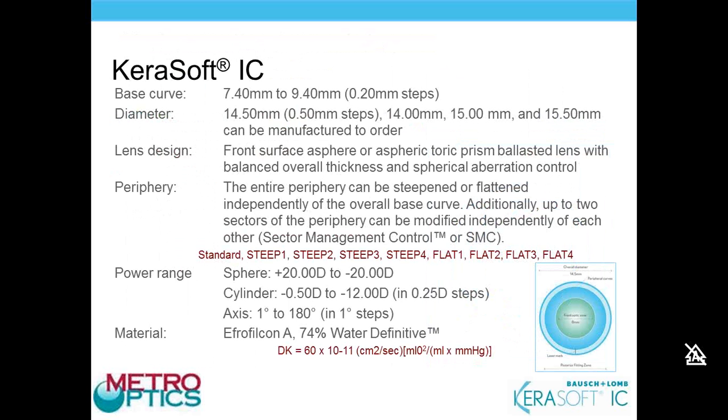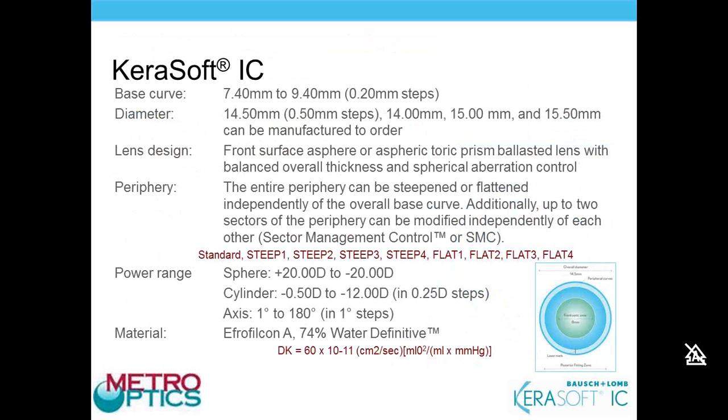So if we were to fit a corneal GP lens, there would be a lot of edge lift. So sometimes we would fit a reverse geometry corneal GP lens on this type of shape. Well, this soft lens also can be created in a reverse geometry type profile. You can change the peripheral curve of this lens steeper than the base curve, or even flatter, in cases of a nipple cone with a flat periphery.